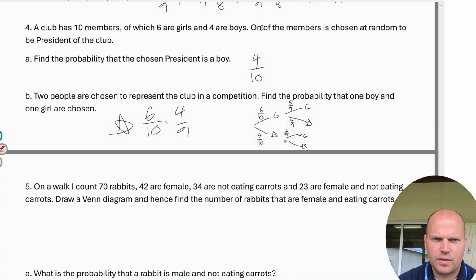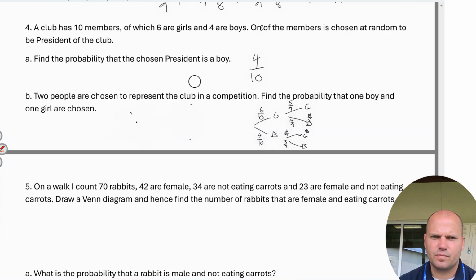Boy, boy, 4/10, 3/9. Girl, then boy chosen. Boy, then girl chosen. This is 6/10 times 4/9. So yeah, you have both. 4/10 times 6/9. I have two of these. Very interesting. Good question.